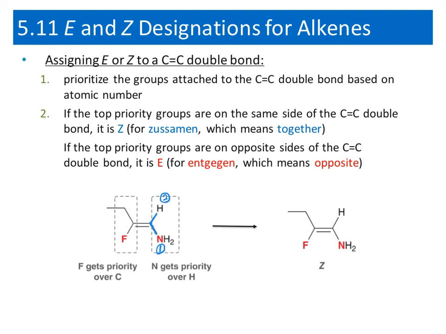And then I need to look at the second carbon. There are 2 groups attached to it. Fluorine gets number 1 and the ethyl group gets number 2. So now that we have the top priorities on the same side, we have the Z isomer.